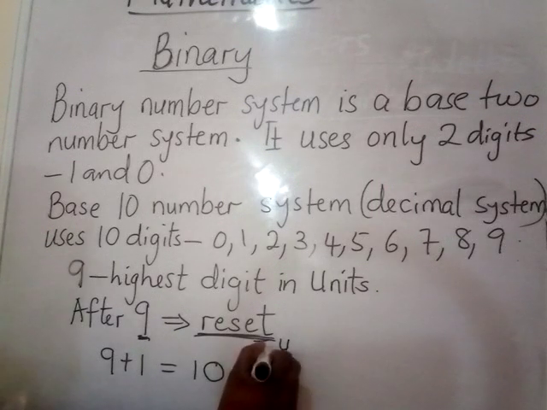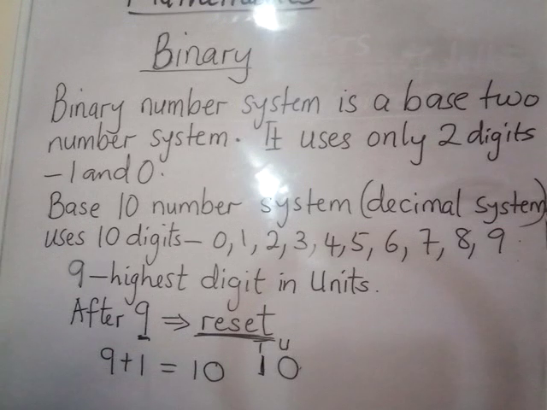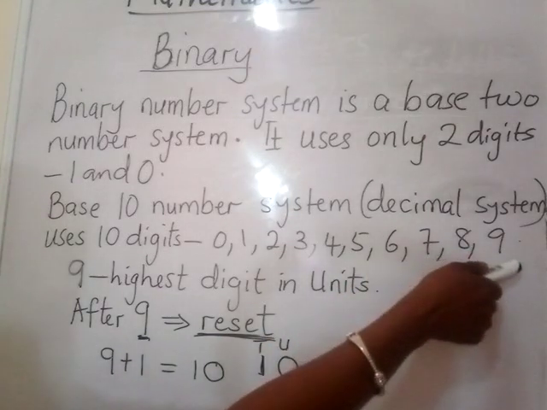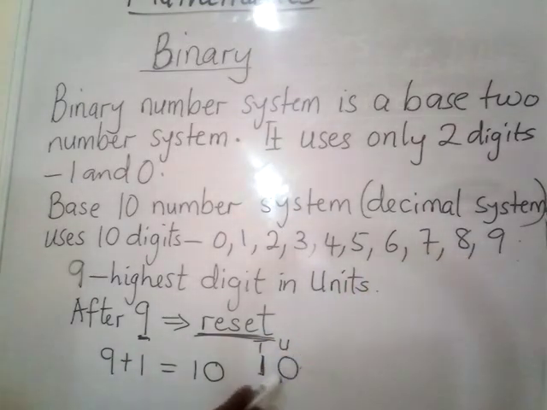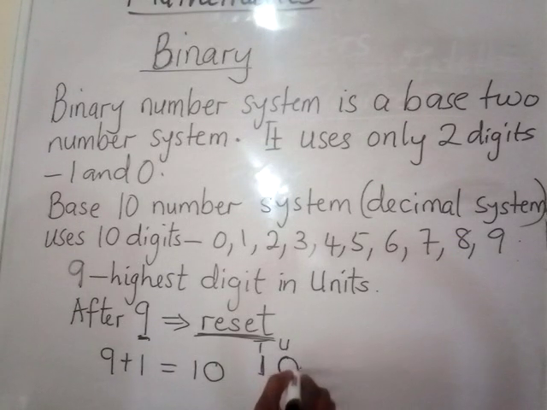And then what happens? The extra spills over to the next position, the next column, which is the tens position. When you get to the highest number in that system, you have to reset and go back to the least number, which is 0, and then the extra spills over to the other column as 1.